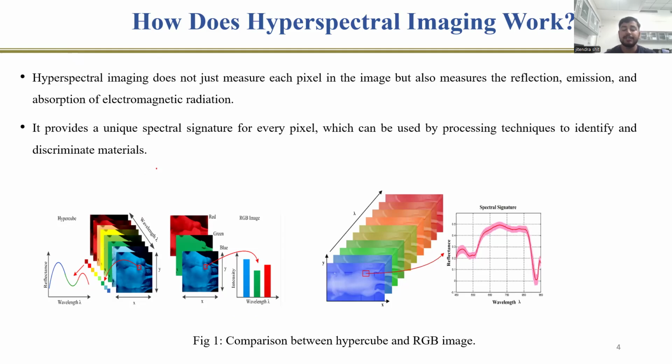In an RGB image, we get only three channels: red, green, and blue. With hyperspectral imaging we get the spectral signature, so we get much more information compared to an RGB image.